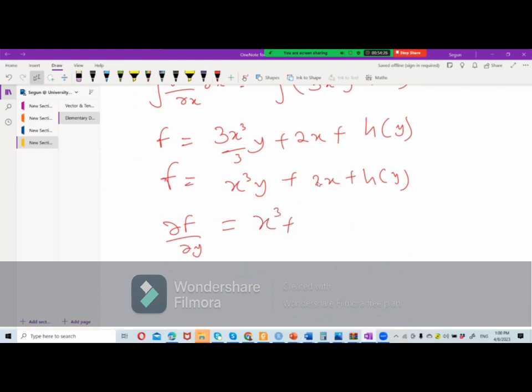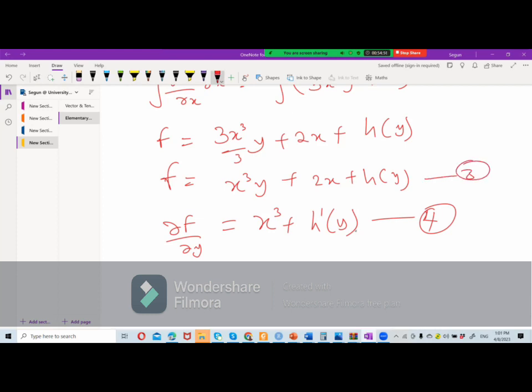plus h prime of y. We call it equation 4. We're trying to differentiate this particular equation. Let me label it very well.